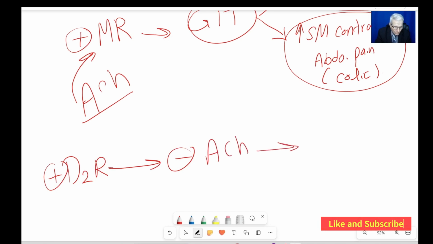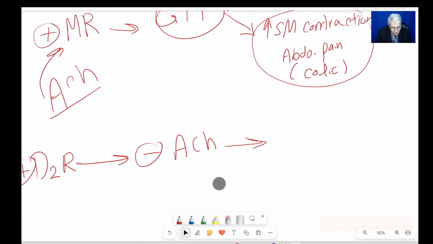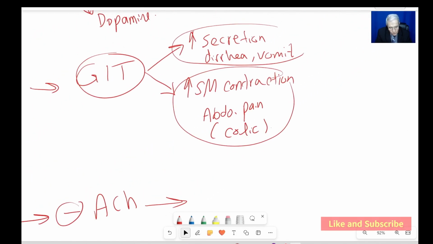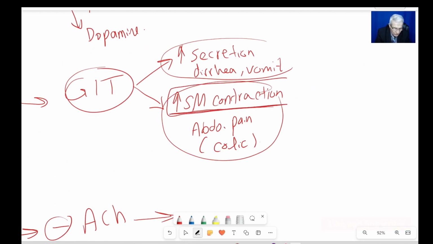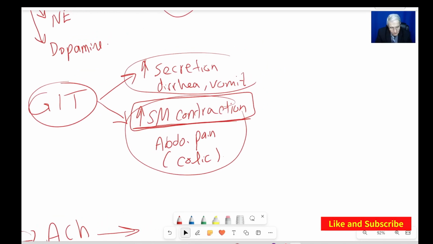What happens if you inhibit acetylcholine? Before we go into details, we mentioned increased smooth muscle contraction, but we need to differentiate between two types of smooth muscles. I will go with the green color here. This is the smooth muscles.